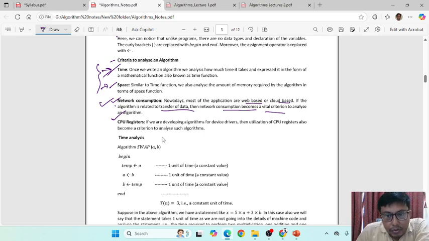So the utilization of the CPU registers plays a critical role in analyzing algorithms related to device drivers, and any such algorithms should be analyzed in terms of CPU register utilization.